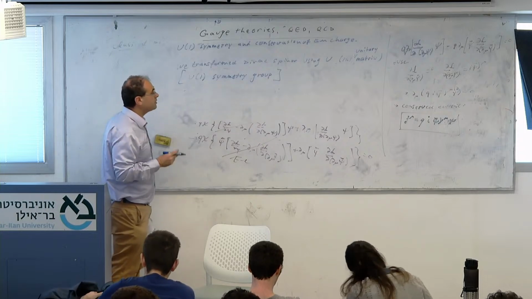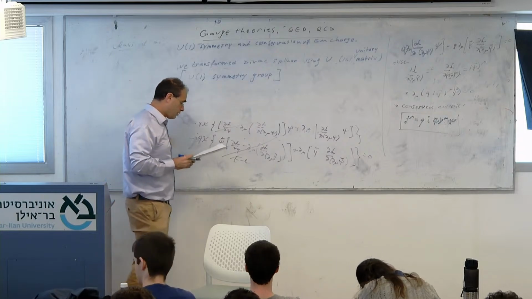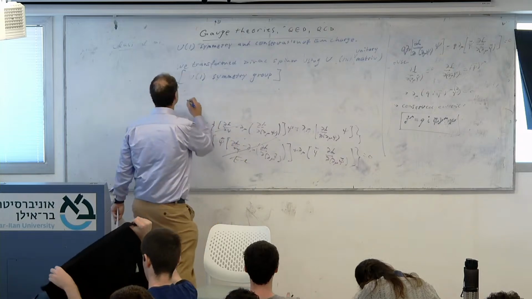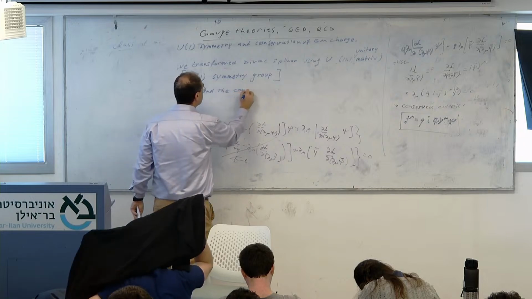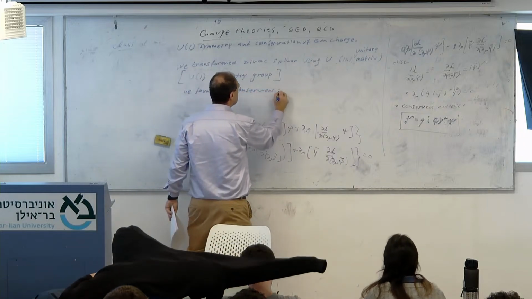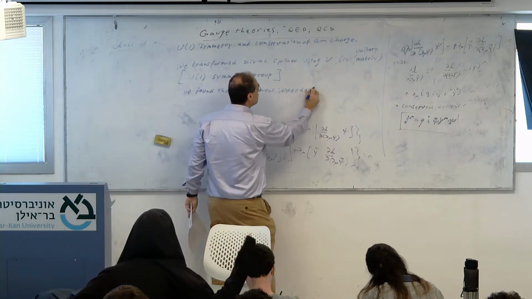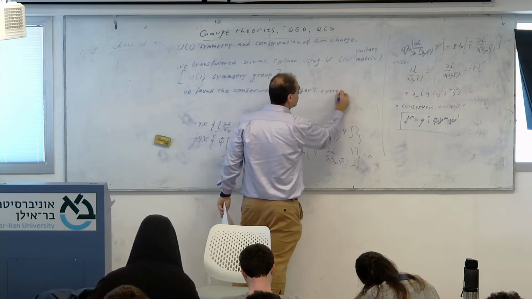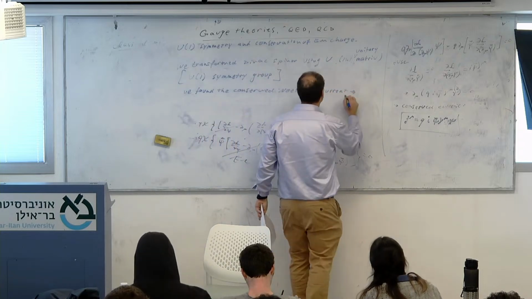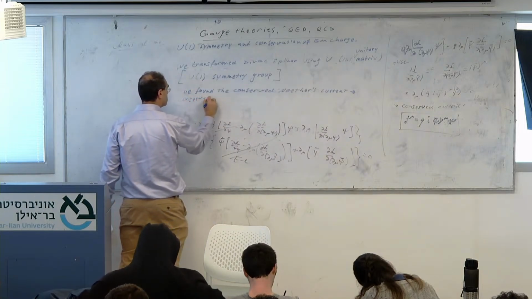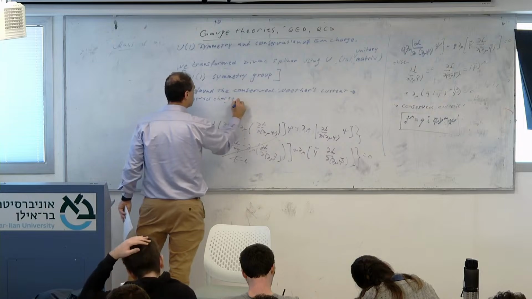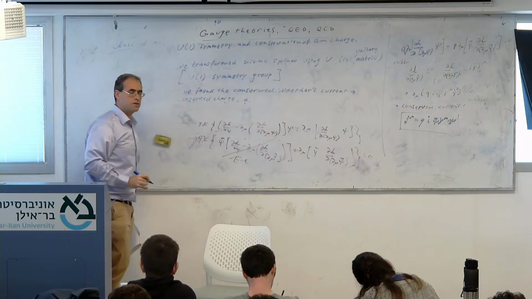And we discovered that there is a conserved current, which is Noether's current. So we found the conserved Noether's current, from which we have a conserved charge Q. Let's see why I put this Q there.